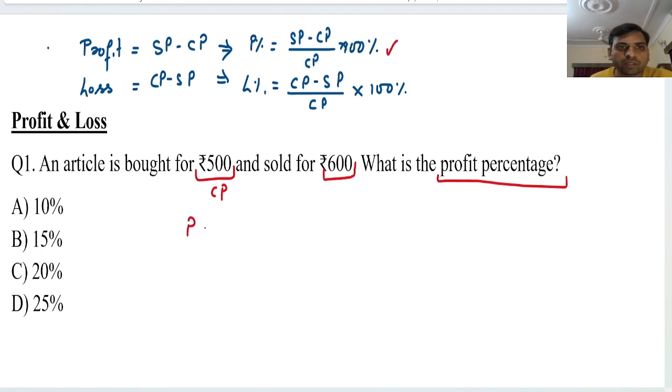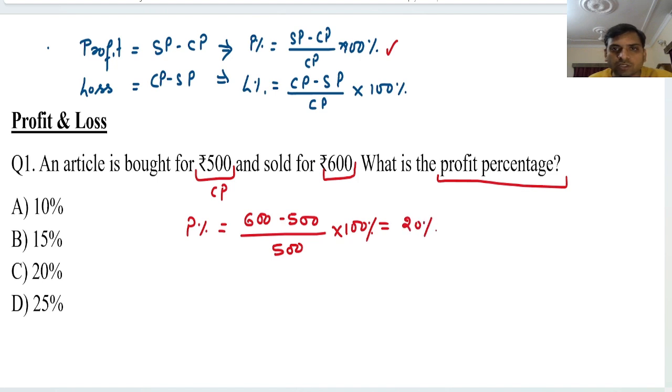Profit percent equals SP 600 minus CP 500, divided by CP 500, multiplied by 100%. So this equals 100 divided by 500, which is 1 upon 5, and this equals 20%. So the correct option is C.